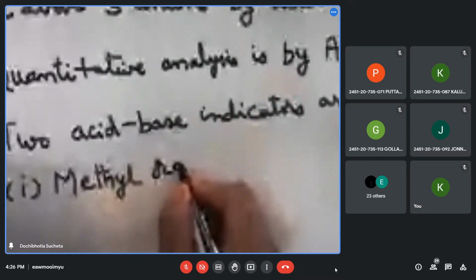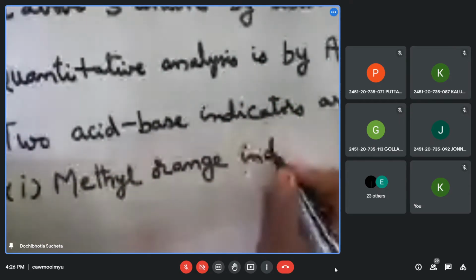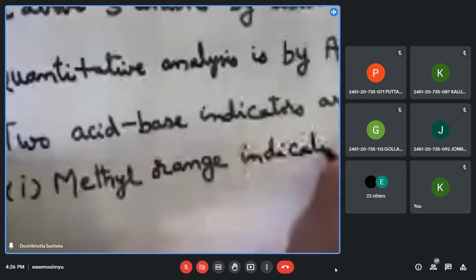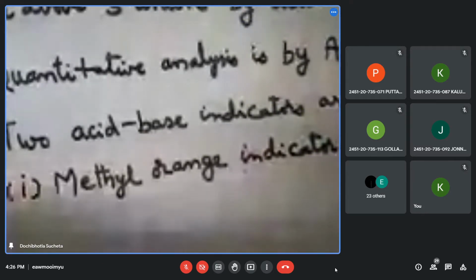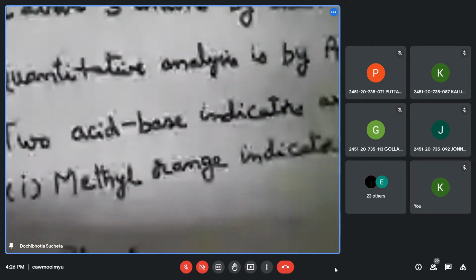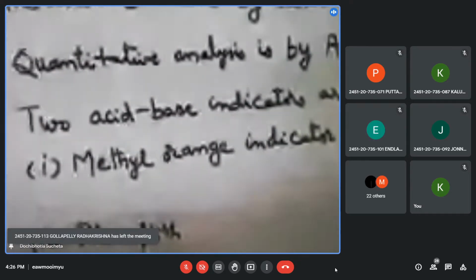Methyl orange indicator. The other one, second one, is phenolphthalein indicator.